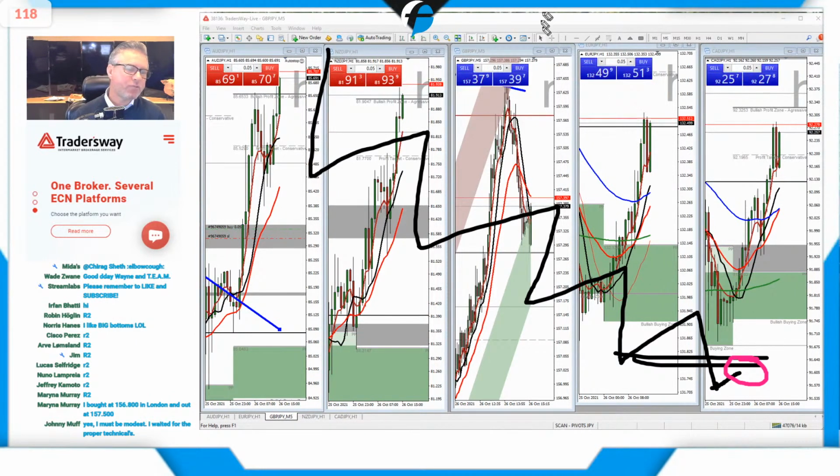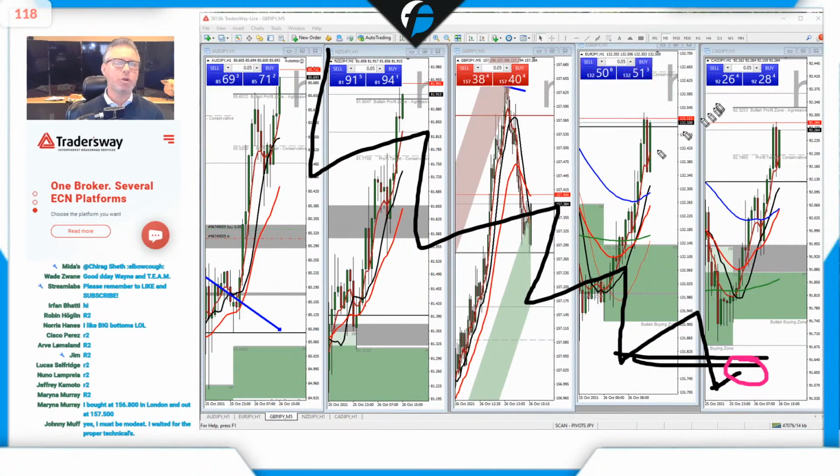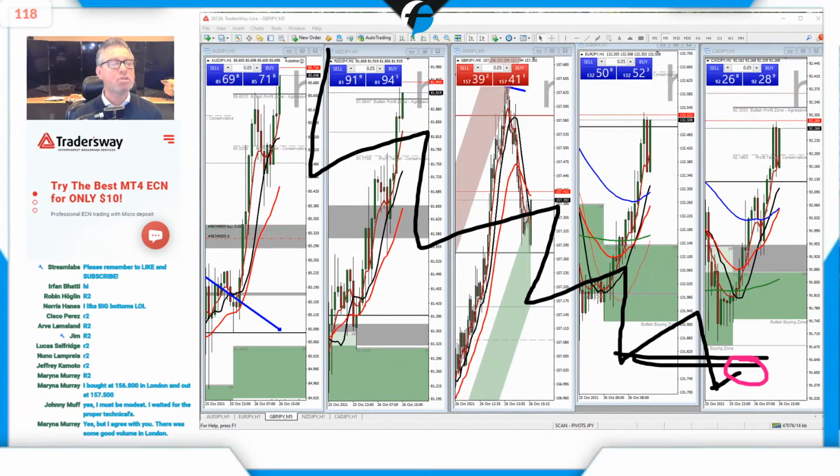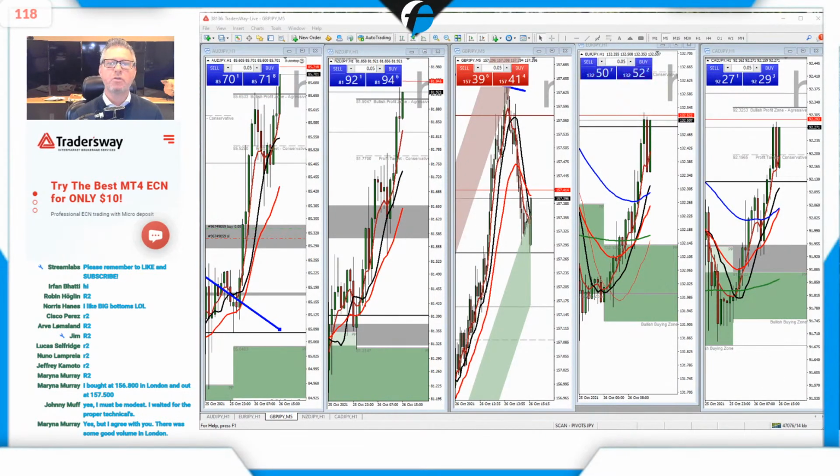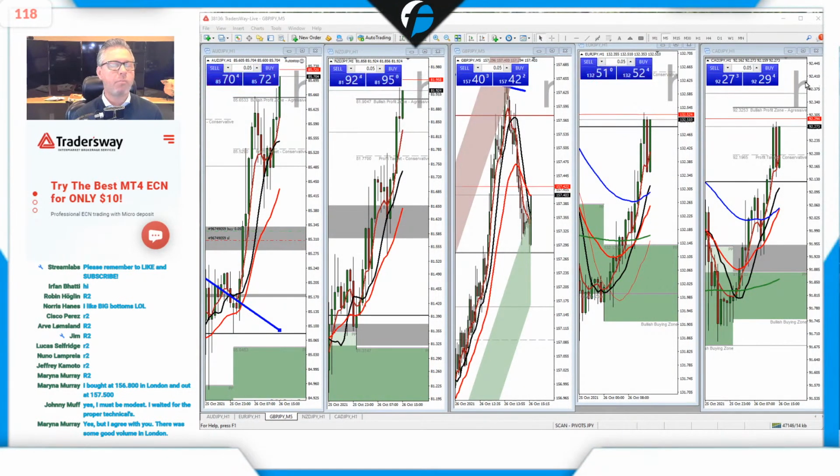No matter what time frame you're on, no matter what the reasoning, no matter how bullish you are fundamentally, you got inside information somehow and you just know it's going up. Technicals will prevent that. In my humble opinion.